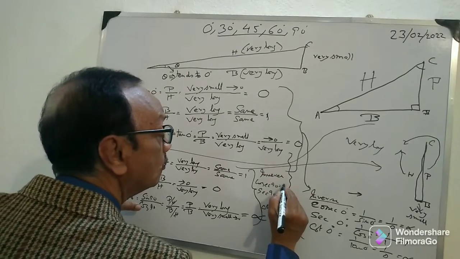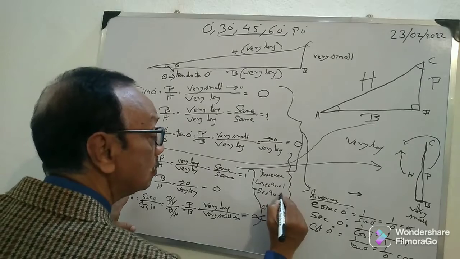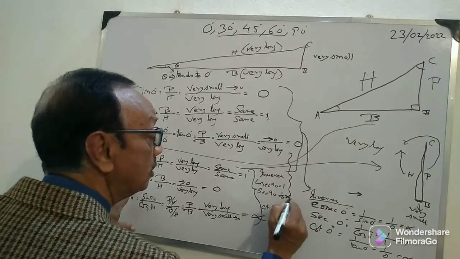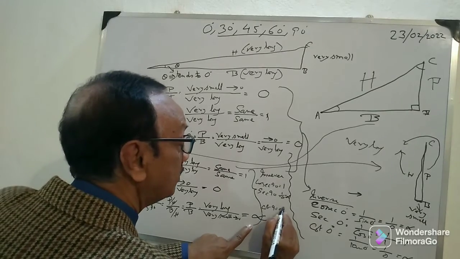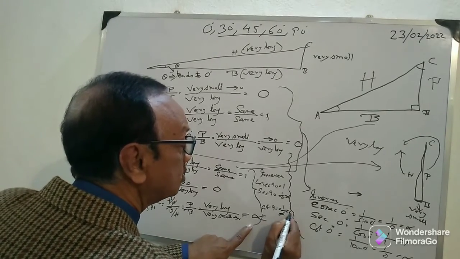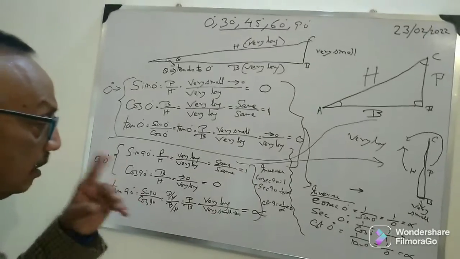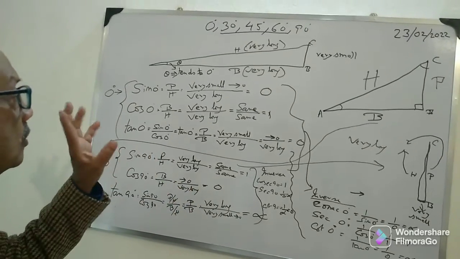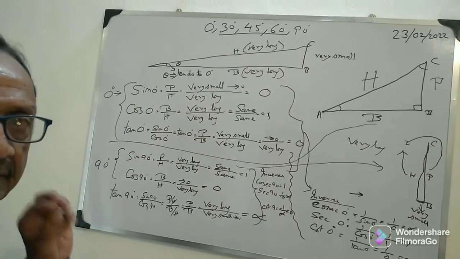Sec 90 is 1 by 0, that will be infinity. And cot 90 is 1 by tan 90, 1 by infinity, 1 by very big, so it will be 0. Now we can understand why their values are these for 0 and 90 degree, rather than blindly following.